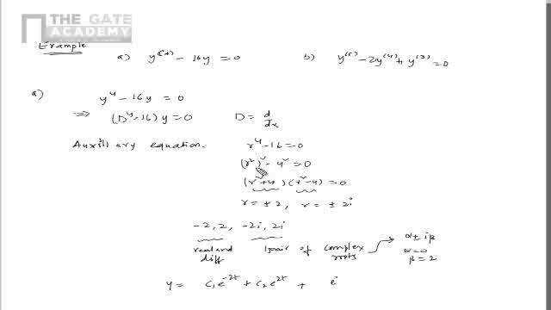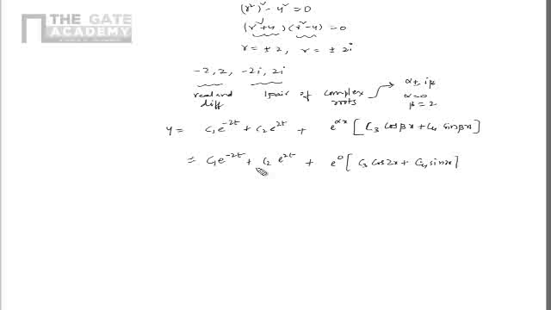So I can write e^(alpha x) times c3 cos beta x plus c4 sin beta x. In that form, alpha is 0, so this will be 0. c3 is a constant, cos beta x is cos 2x, plus c4 sin 2x.